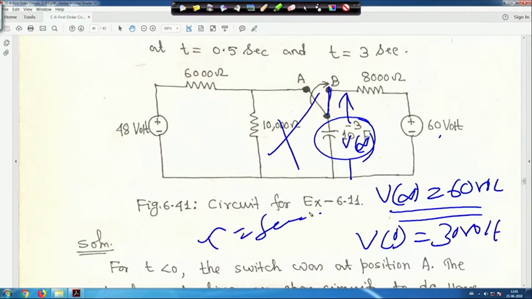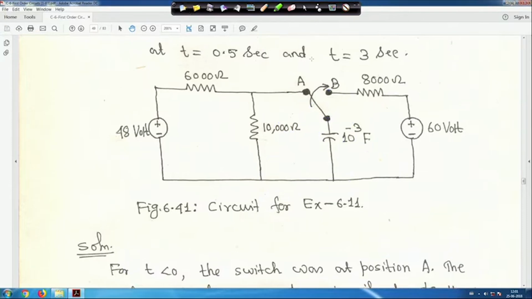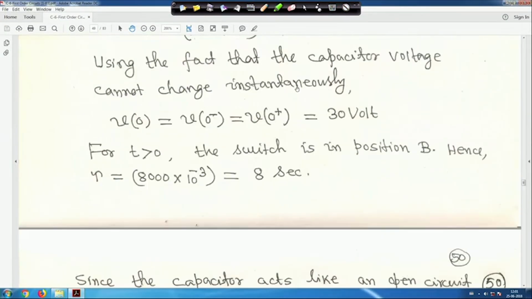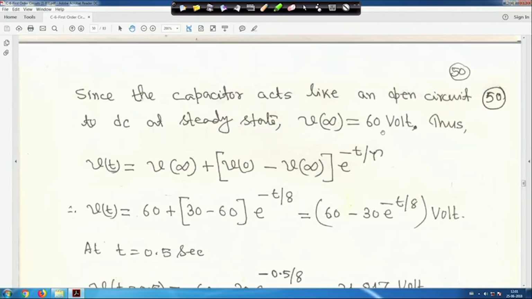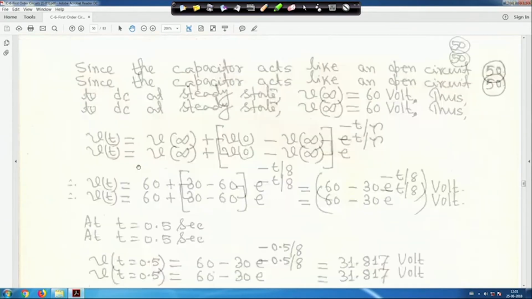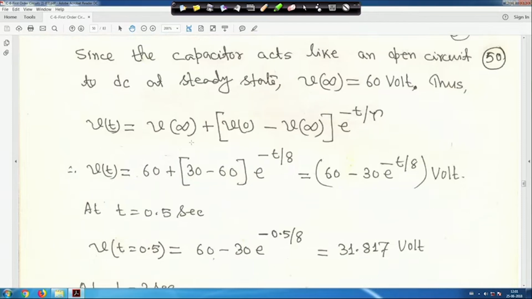So we will apply that formula. Here V infinity is 60 volt, as we explained. You know this formula: Vt is equal to V infinity plus V0 minus V infinity into e to the power minus t by tau.